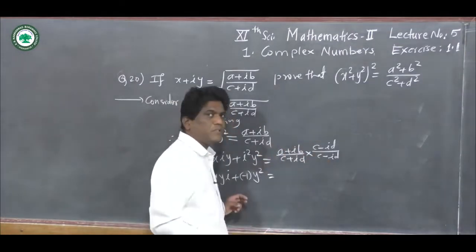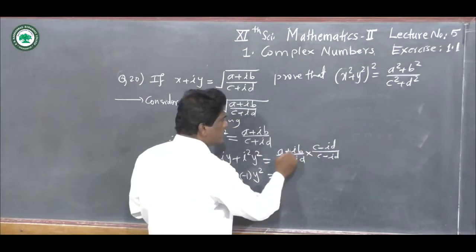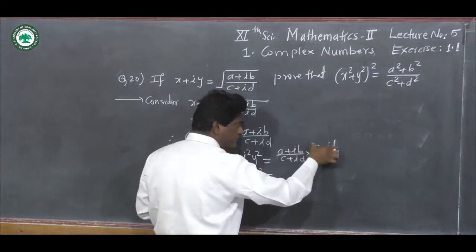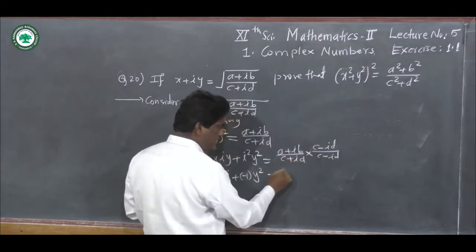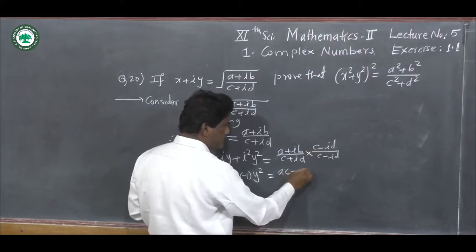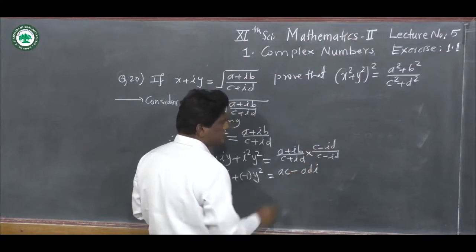now take the product of numerator divided by product of denominator. So a into c, firstly we multiply a to this and then plus ib to this. So a into c, that is ac. Here a into minus id, so minus adi.